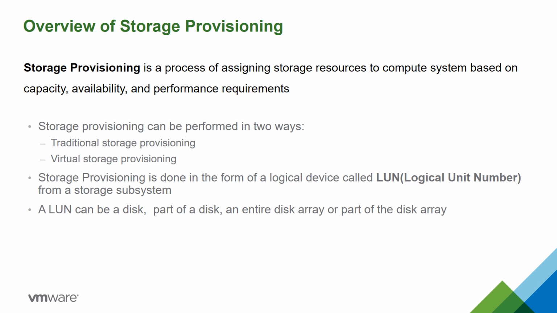That's where we think about the type of storage device that I have, whether it is a magnetic disk or a flash drive, and what kind of RAID technologies I'm supposed to implement, because each RAID technology has its own advantages as well as disadvantages in terms of availability and performance factors. So you've got to consider all these factors and then provision the storage.